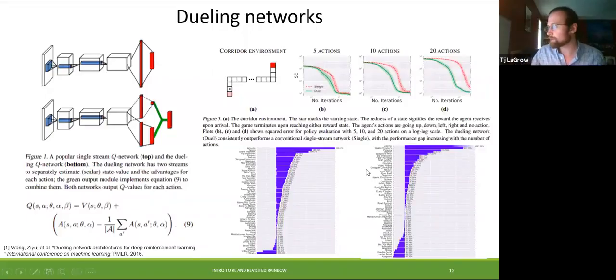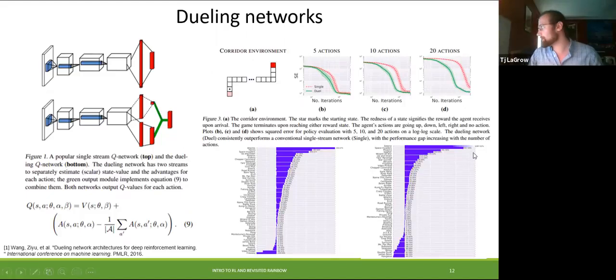Again, I put the examples that they have of the 57 Atari games here. What's interesting to note is that the differences between the two here are that there is prioritized experience replay on the right, and there's not prioritized experience replay on the left. As this research line goes on, there's a lot of mixing and matching of these algorithms, which really motivates why to try to combine as many of these as possible.